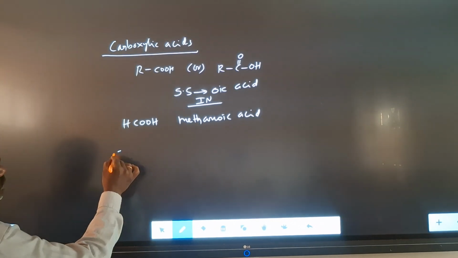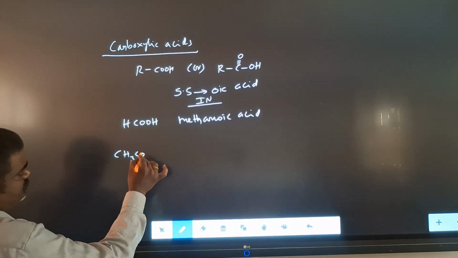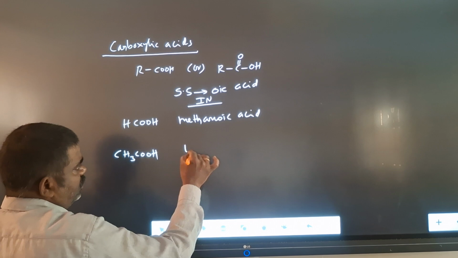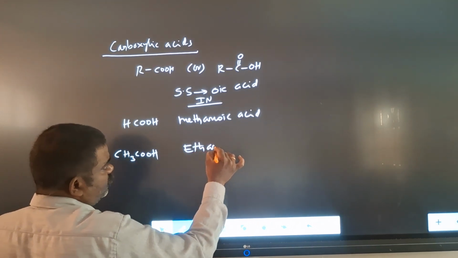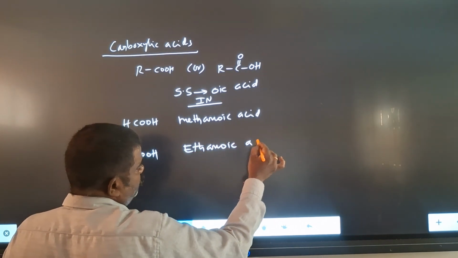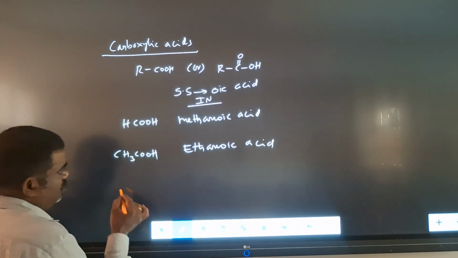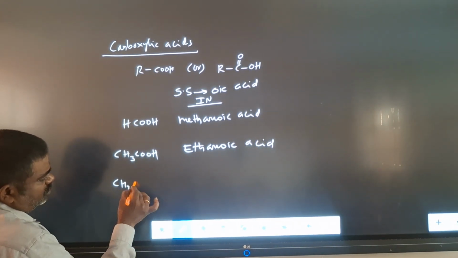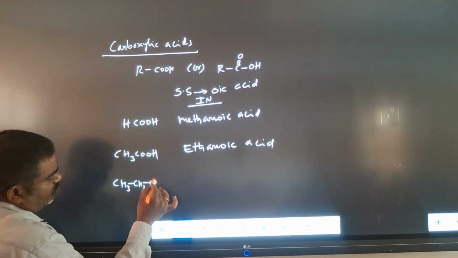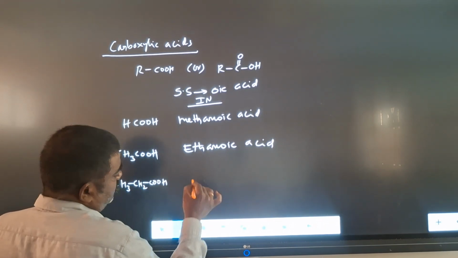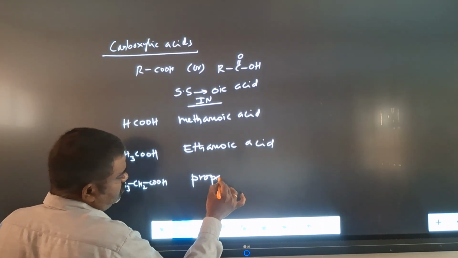And CH3COOH. The IUPAC name of the compound is ethanoic acid. And CH3CH2COOH, the IUPAC name is propanoic acid.